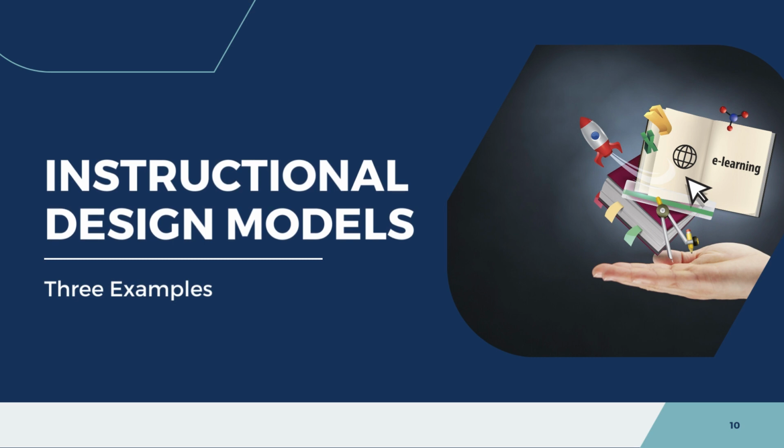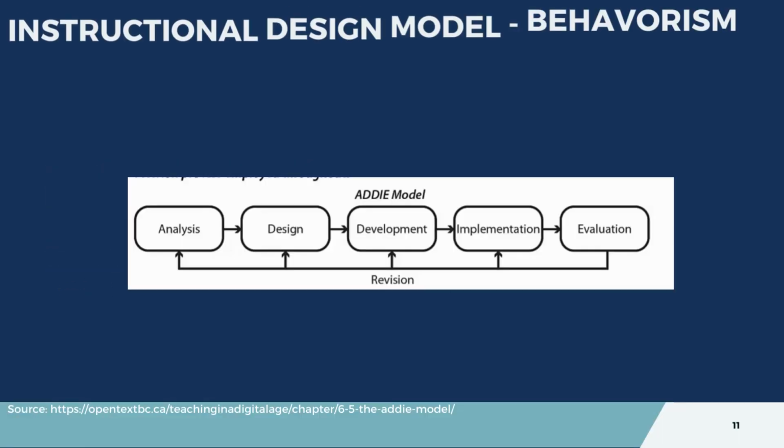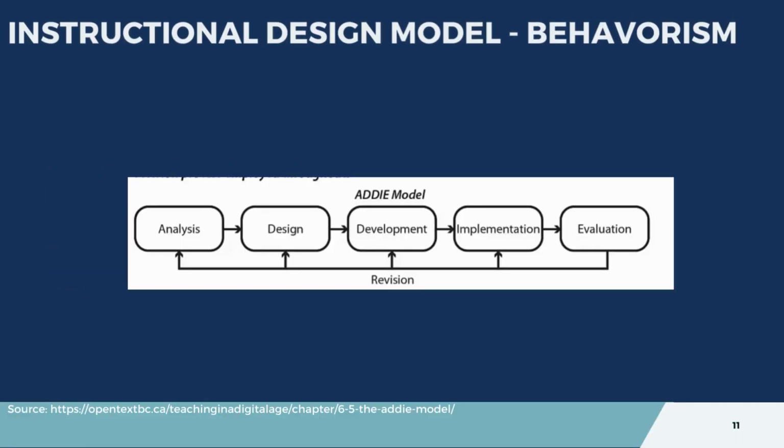Okay, the 3 models of instructional design that we'll focus on for this presentation. The first one is the ADDIE model, where you analyze or identify all the variables that need to be considered when designing the course, such as learner characteristics, learners' prior knowledge, resources available, etc. One very common question is, what is the point of the training?